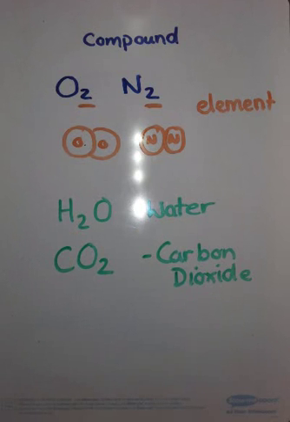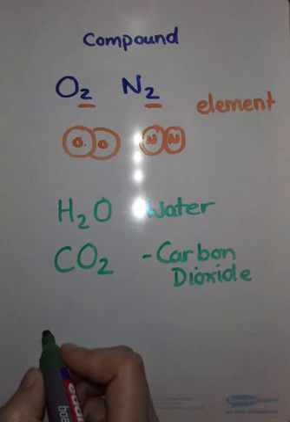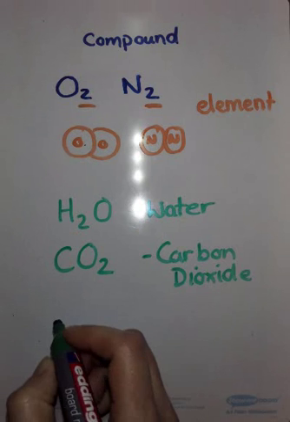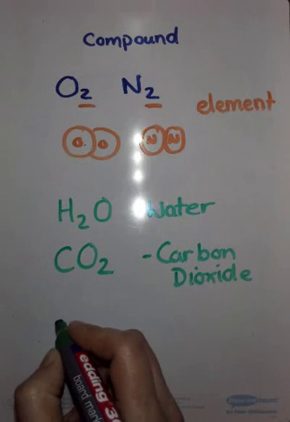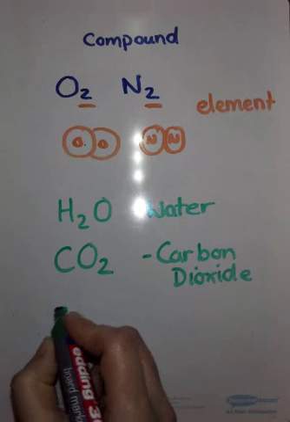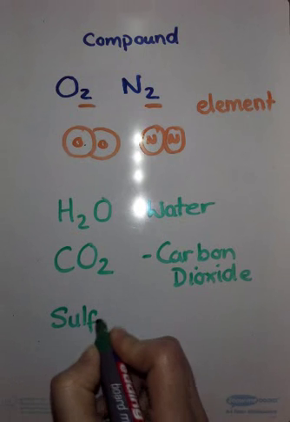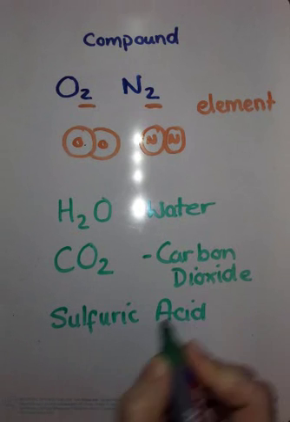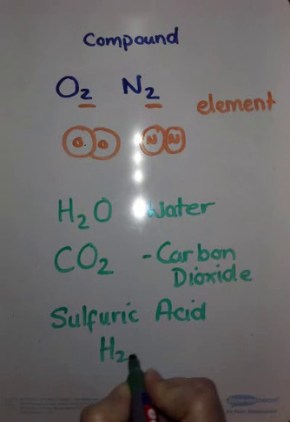You also may get given some more complicated compounds and asked to say what elements are involved and how many atoms of each element are involved. So here we've got sulfuric acid, which is H2SO4.